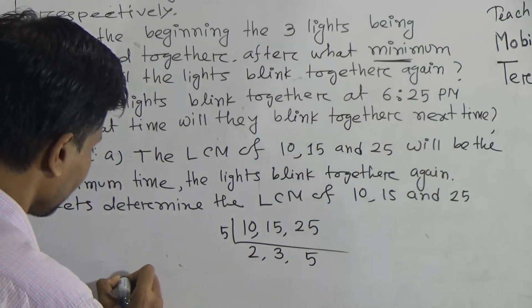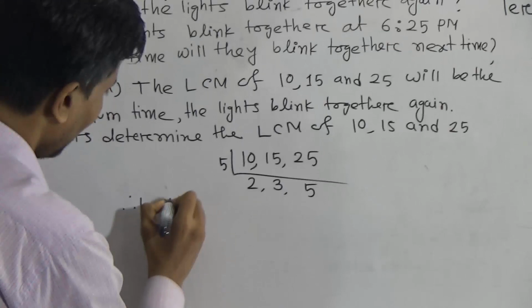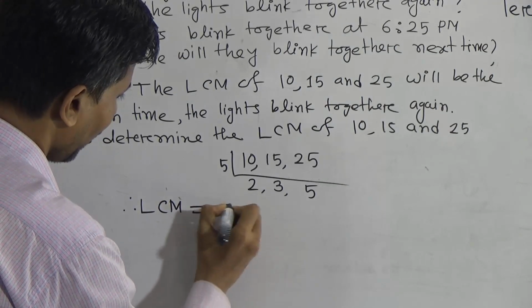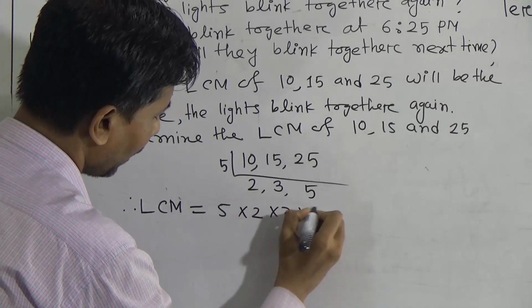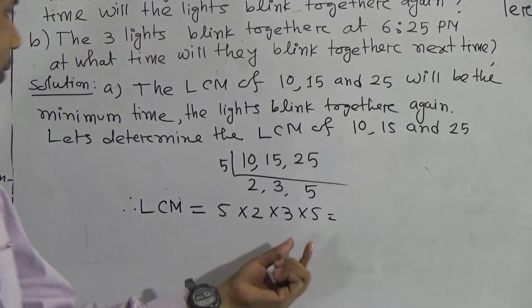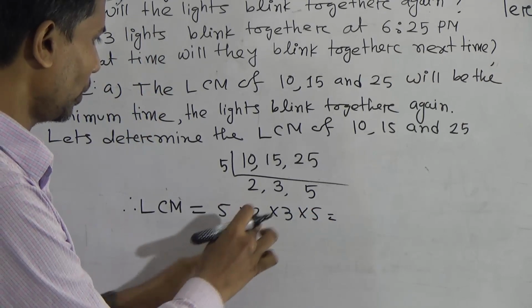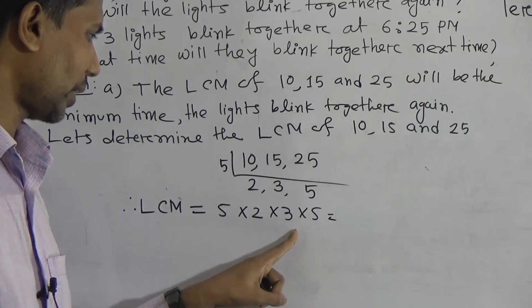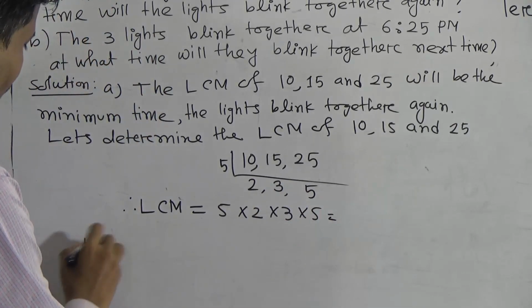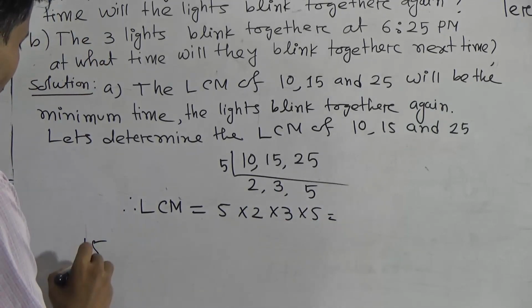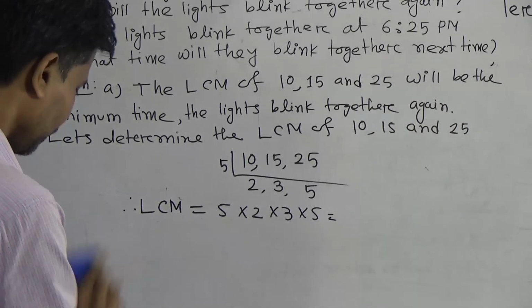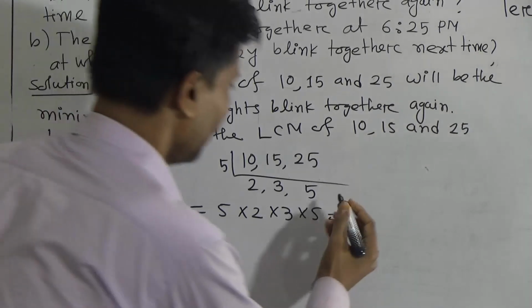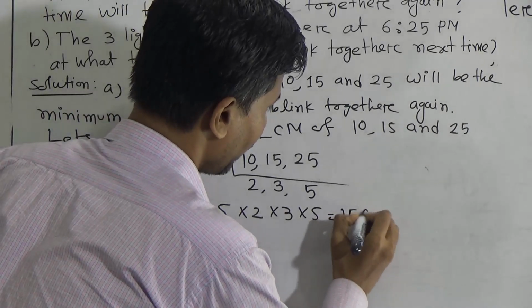Okay, therefore, LCM will be what? 5 into 2 into 3 into 5 equal to what? Now 3 5s are 15 and 5 2s are 10. Multiply, then you get 150.